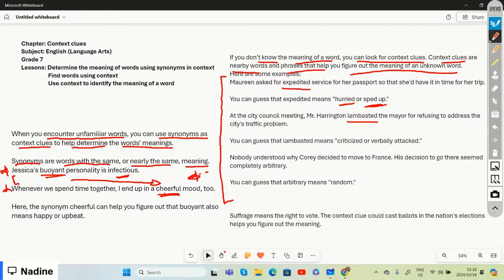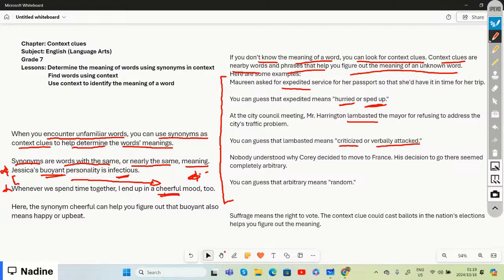We can guess that lambasted means he criticized because he was angry, verbally attacked the mayor because of the city's traffic problem, meaning that nothing is being done.